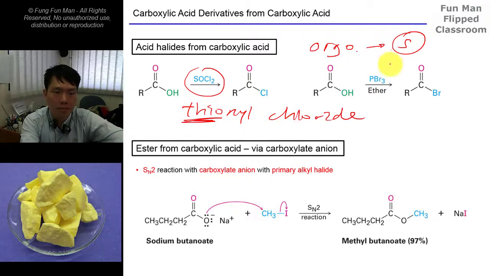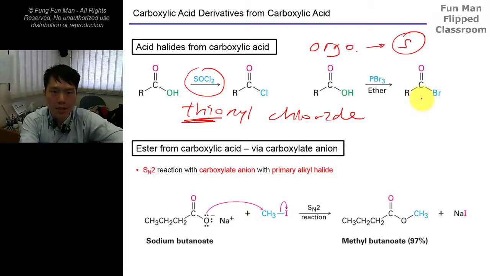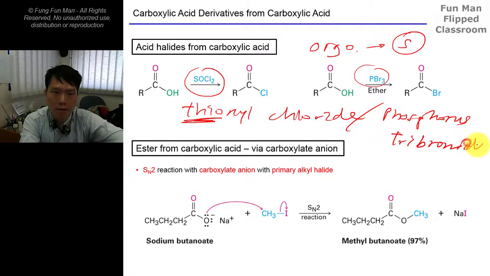Sulfur. When we want to change it to the acid bromide, we throw in PBr3, phosphorus tribromide. That's the name. Alright, in the presence of ether as a solvent.